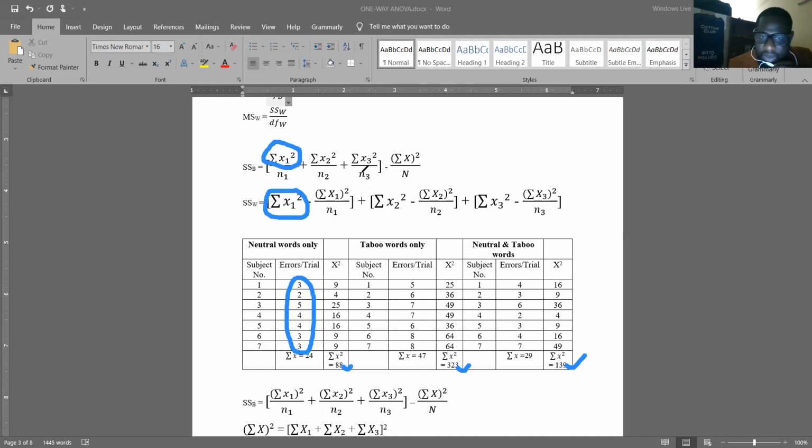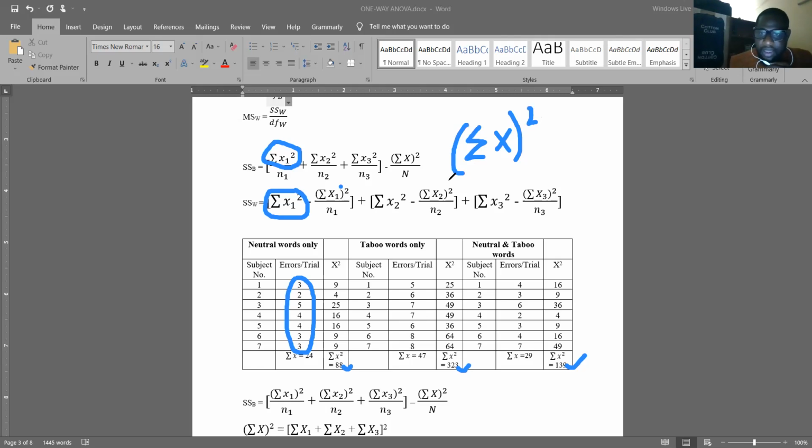Then the next thing is for us to solve sigma x all squared, the one in the bracket. We are supposed to find it for the 3 groups. And as I said, ignore the subscript. It means solve sigma x all squared for the 3 groups.